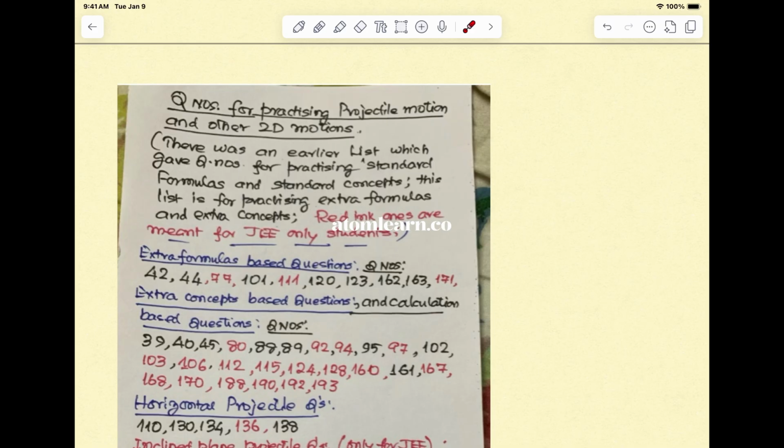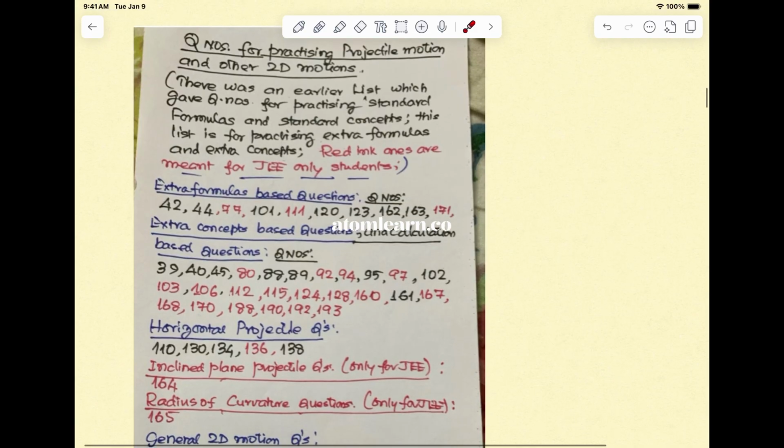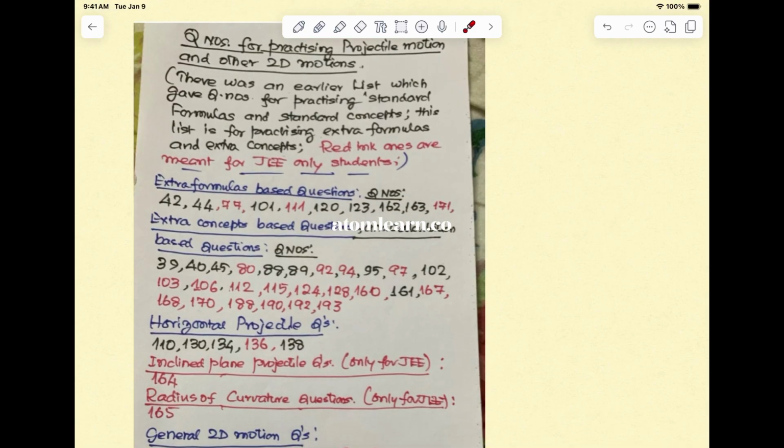After going through the example workouts, I have also given enough PDF of the past asked questions, both for NEET as well as JEE Main. Now I am giving the question numbers for your practice, which you can use for practicing what you have learned.